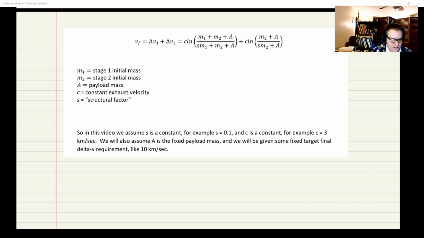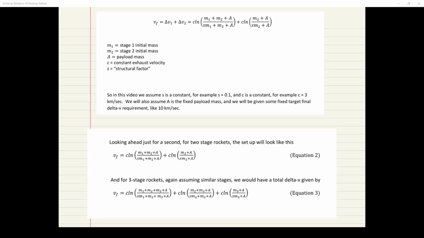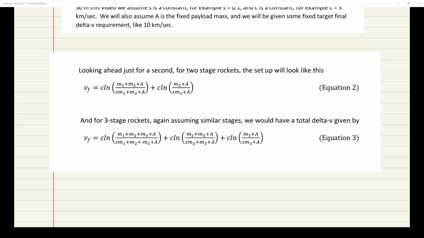And of course, there's the total delta V, that's going to be some given value that we're going to target as an objective to reach a certain velocity. For example, 10 kilometers per second might be your final velocity that you want to achieve as orbital speed.